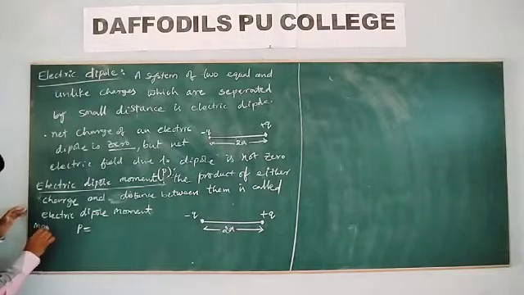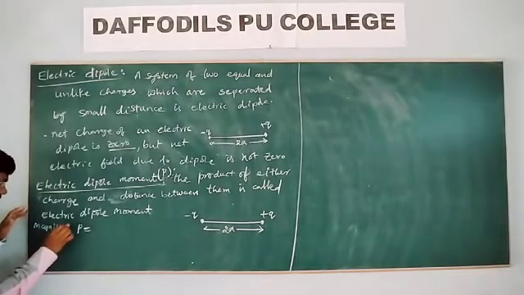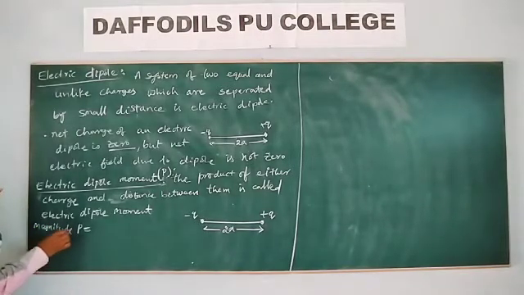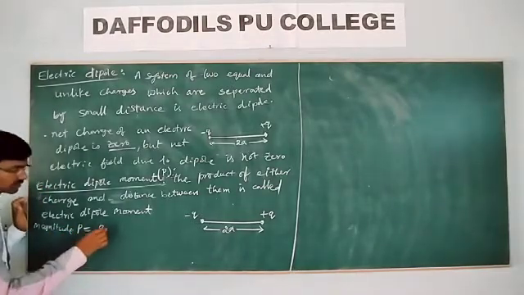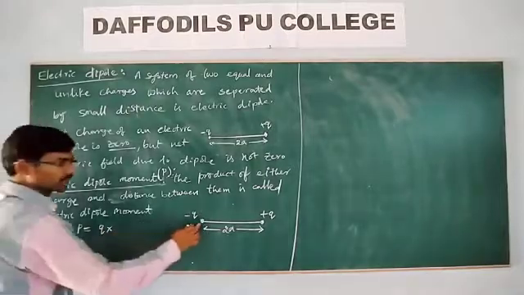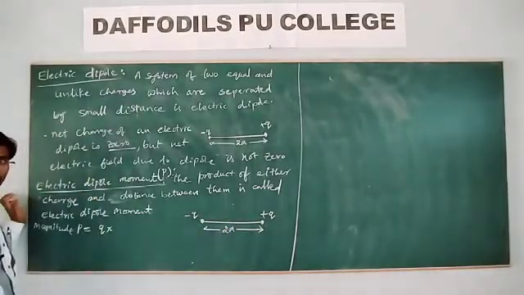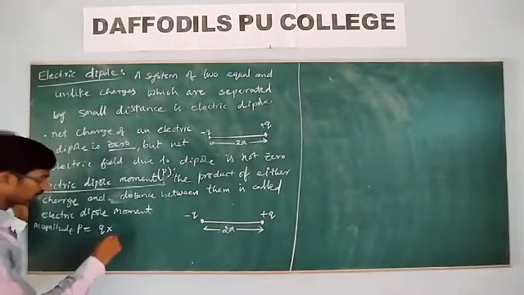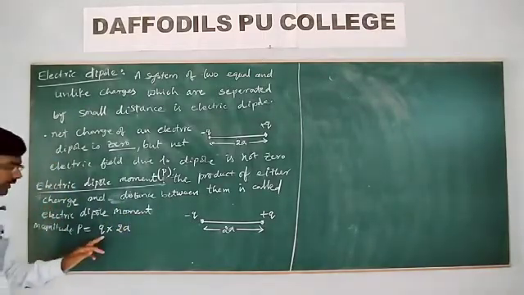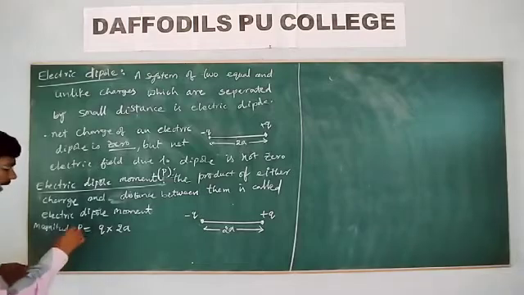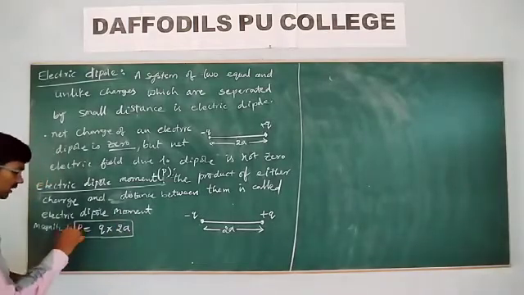Magnitude P is equal to the product of either charge, Q, into the separation between these two charges, 2a. Q into 2a is the magnitude of the electric dipole moment.